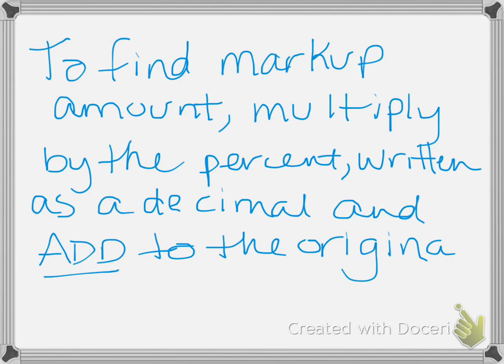Okay, so that is when you're trying to find what the customer will pay, the new amount. Okay, so write that down. You can pause while I go back, and then write this down and then start it up again.